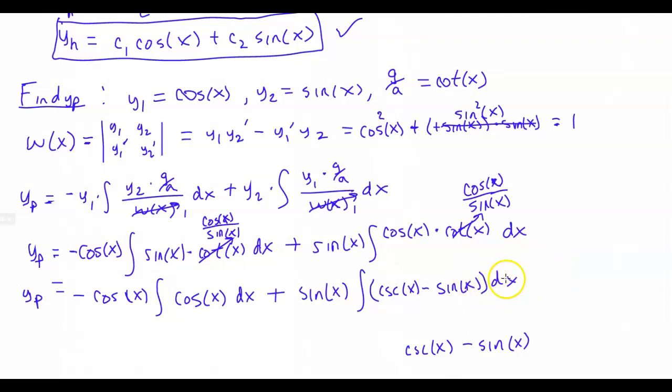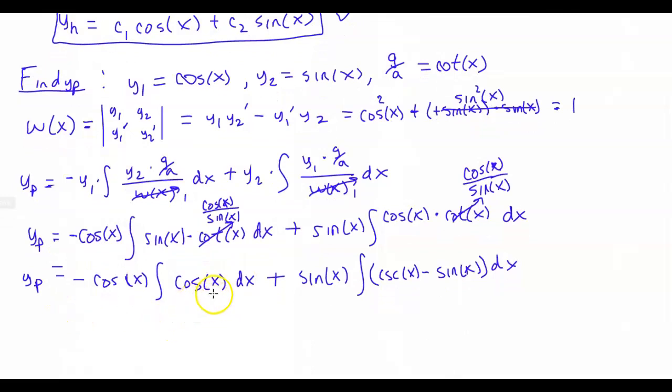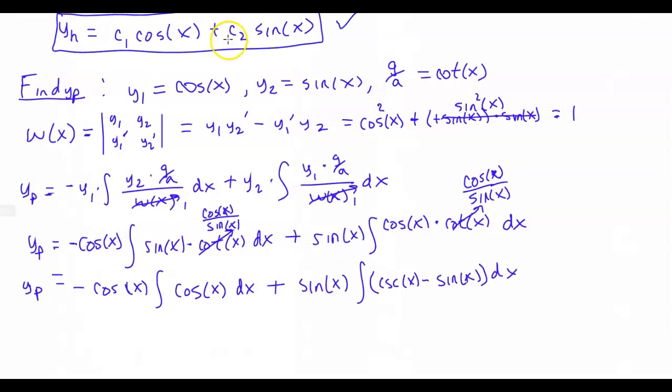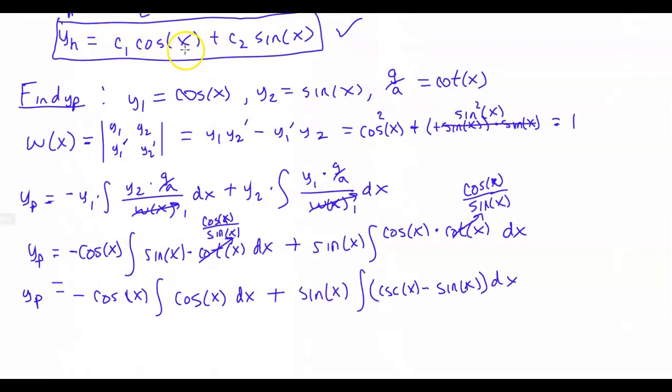Okay, so now that we have that, then the rest of this will be relatively straightforward. So all we have to do is evaluate our integrals. And remember that in this example, I'm not going to list out or write the integration constants because I already have those in my homogeneous solution.